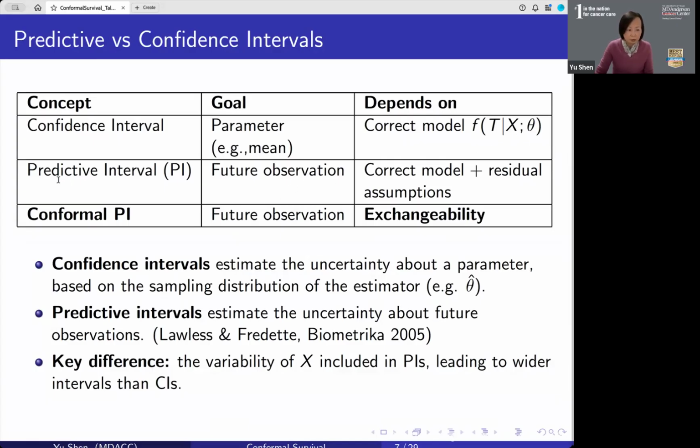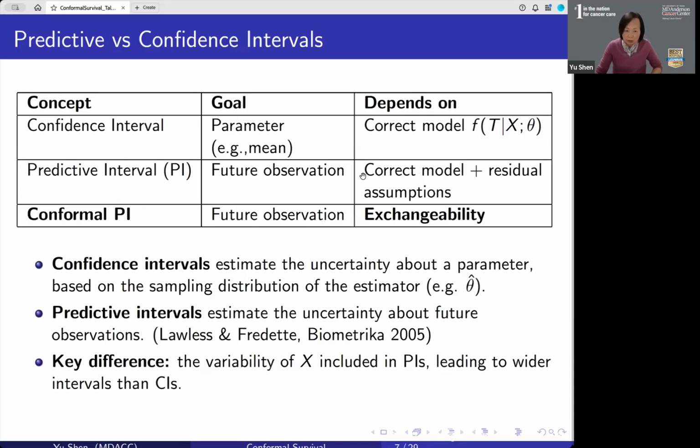Even for a conventional predictive interval, with a similar goal to estimate uncertainty for a future patient, we need a correct regression model as well as a residual distribution assumption. But for conformal predictive interval, with the goal to estimate uncertainty for a future observation, we only need the assumption of exchangeability.